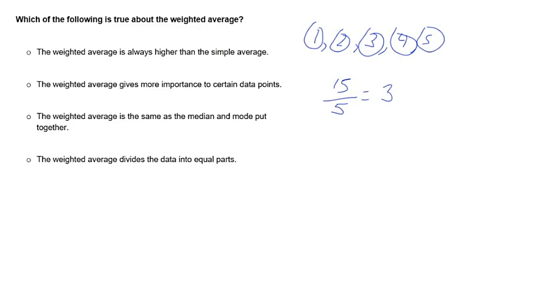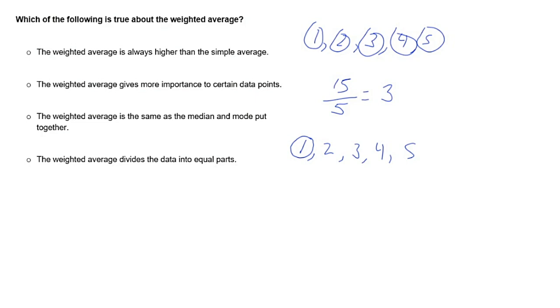Now let's look at the same problem, but consider a weighted average. If I have the same numbers, 1, 2, 3, 4, and 5, but this time I want to make this 1 have more weight in the calculation. So that makes the 1 more important.